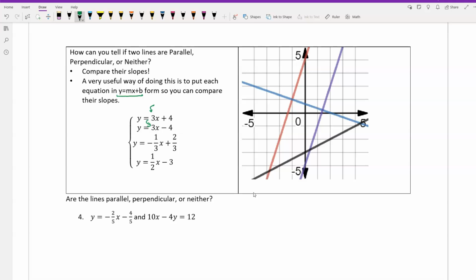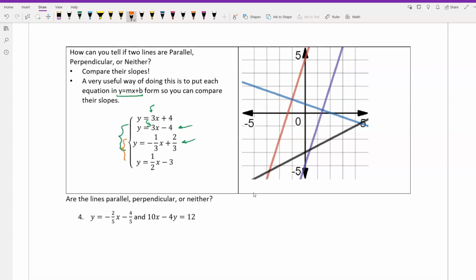And comparing these two, for the second line the slope is 3, and for the third line the slope is -1 over 3. If we multiply these 2 slopes, we're going to have that equal to -1. So 3 times -1 over 3 is equal to -1. Because of that, we know that we have perpendicular lines.